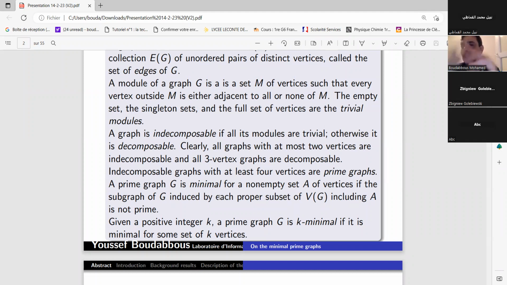It is prime and minimal for this property: there is no proper vertex subset containing the vertex subset A such that the induced subgraph is prime. And we say that the graph is K-minimal if it is minimal for some set of K vertices.